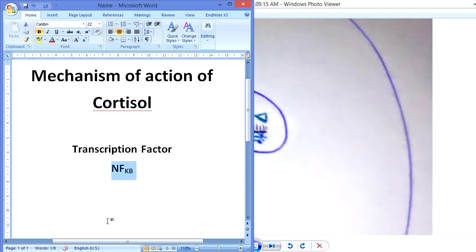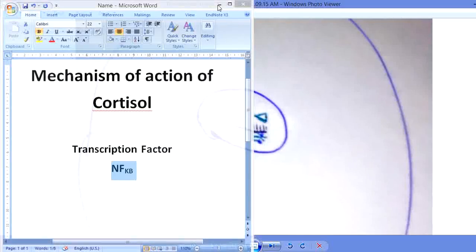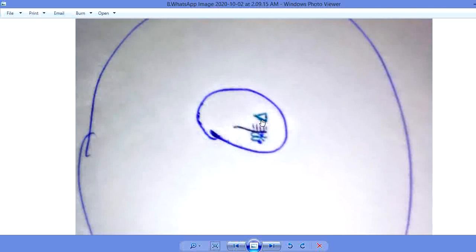NF-KB is one of the transcription factors which is responsible for pathological processes inside the cell. NF is for nuclear factor. This is a transcription factor. When this transcription factor enters the cell, it enters the nucleus and combines with the DNA.